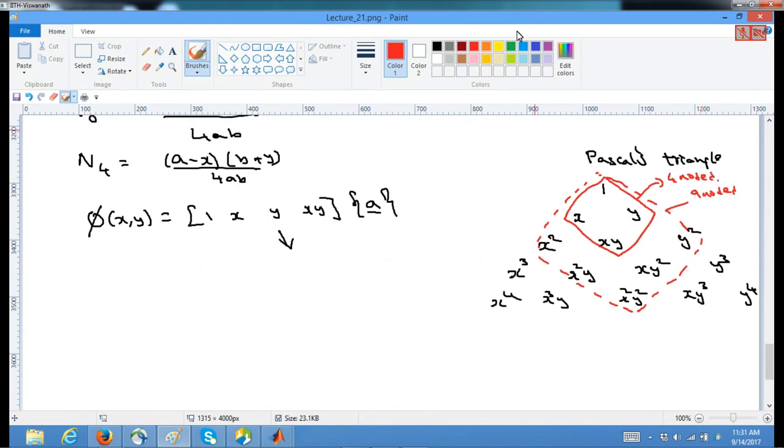Now I have already repeated this. Next, in case it's a 3-noded triangle, I would prefer you to take this one, which is the 3-noded triangle. And if I want to have 6-noded, then this is the 6-noded triangle.